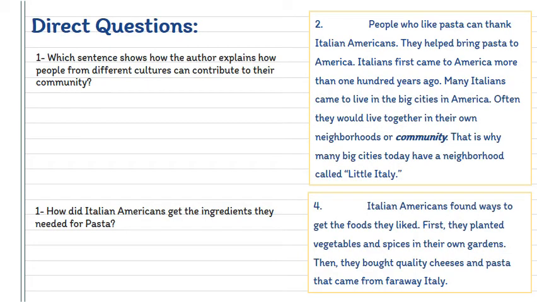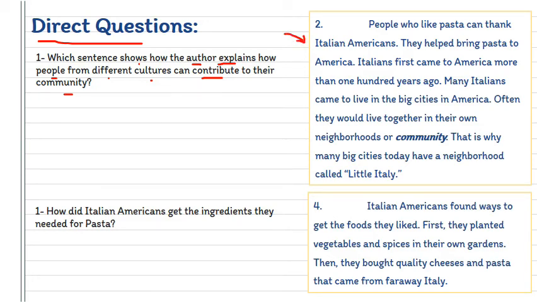Let's read some of the questions. Let's answer some of the questions. These are direct questions. In direct questions, you have to give a full answer. Which sentence shows how the author explains how people from different cultures can contribute to their community? Which sentence? Here we have to refer to paragraph 2.